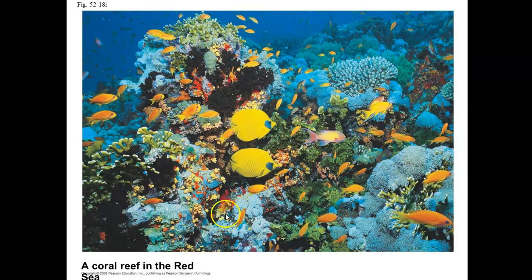Coral reef in the Red Sea in this particular case. And it's not a biome in the traditional sense because there's not a dominant plant. All these corals are animals. And the reason they have their different bright colors is because they have symbiotic algae living within the coral polyps.